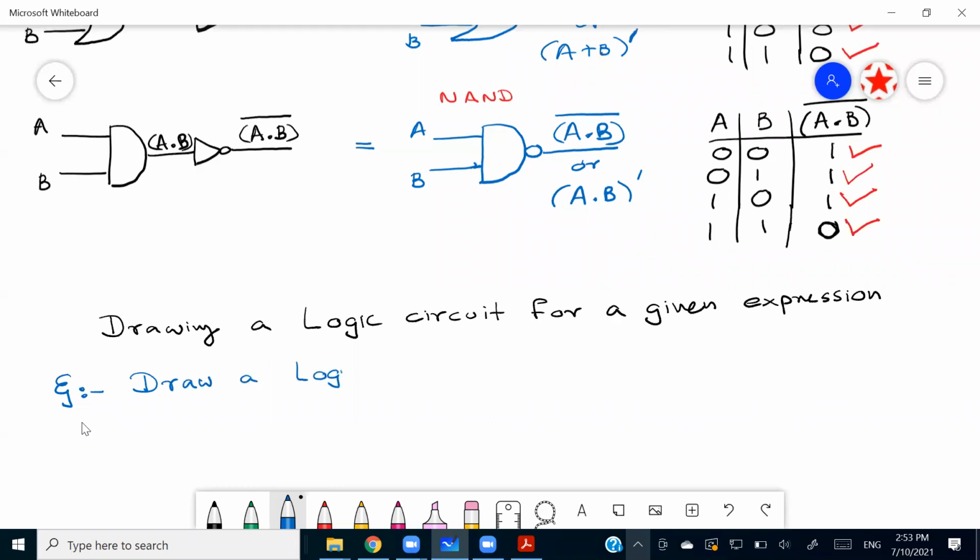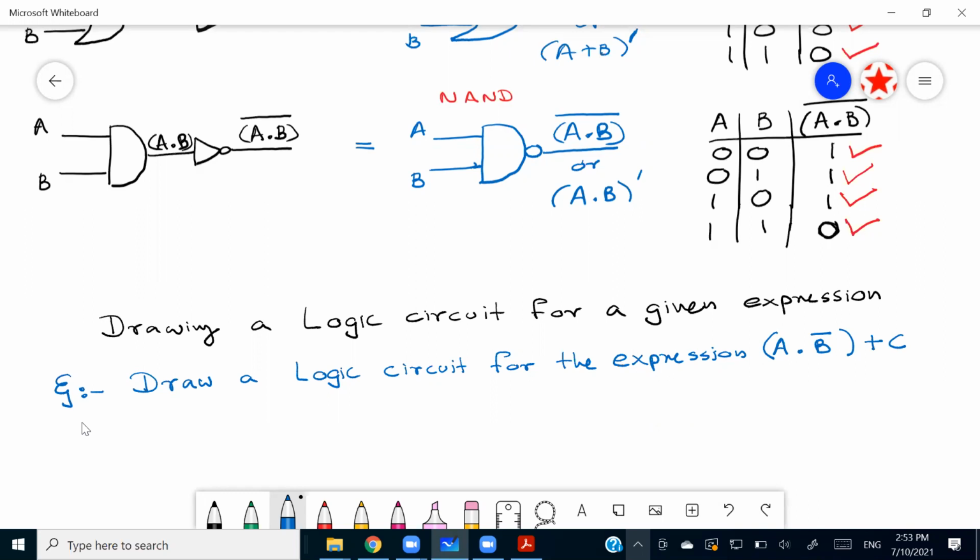Draw a logic circuit for the expression. I'll give you a simple expression. A dot B bar, I'll put brackets, plus C, right? So that is going to be our expression, the simple expression.